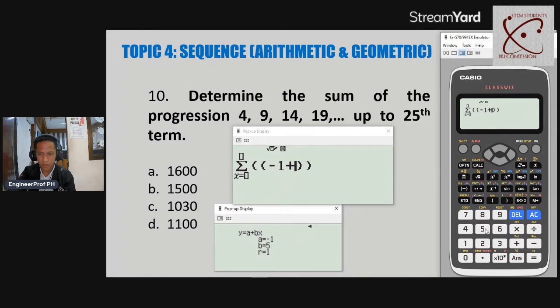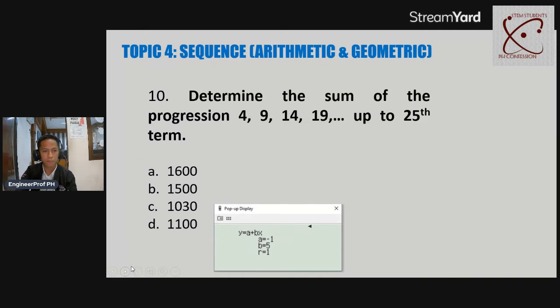So b is 5. Then input lang natin si x. So alpha x. Then of course, ano ba yung hinahanap natin? Ang sum from the first term to the 25th term. Ayan. So we are required to get the sum from the first to the 25th term. So press lang natin si equals. It will give us the value of the sum. So that is 1,600. Okay, so that is letter A.